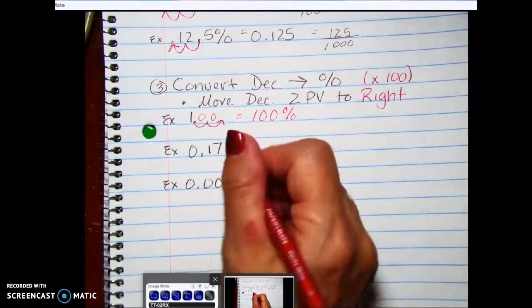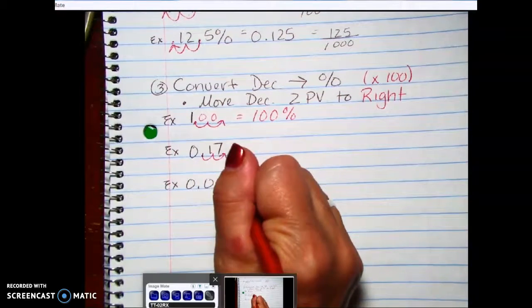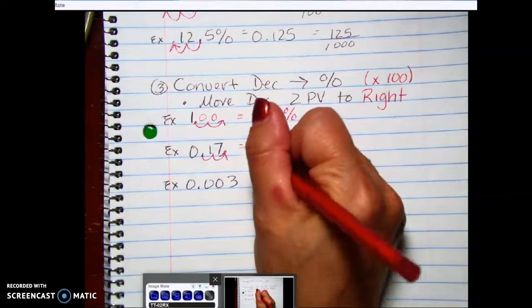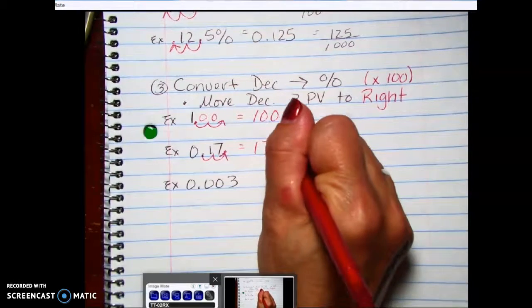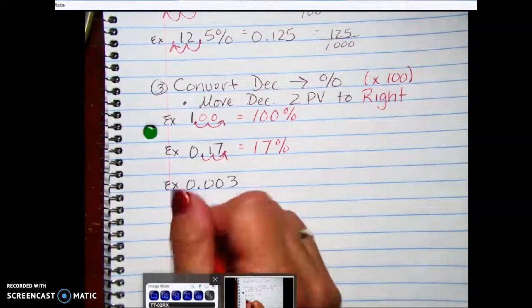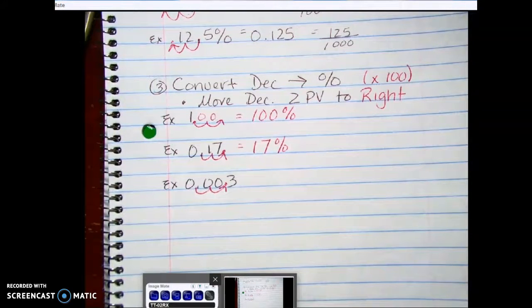Great. How about here? 1, 2. There it is. I drop the 0, of course, that's in front, and I write 17%. Now this one's a little tricky because we're going 2 place values. So what do I do here?